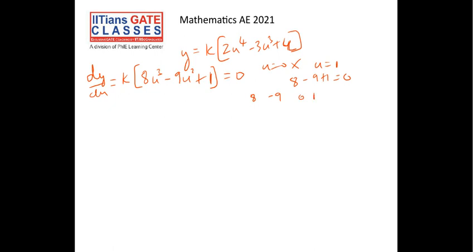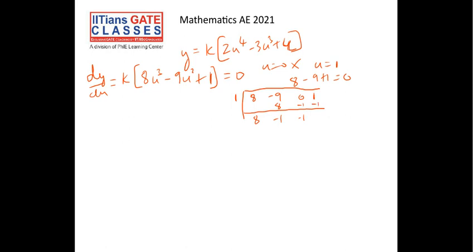So let's perform synthetic division now. We get 8, minus 9, 0 and 1. One of the roots is 1.